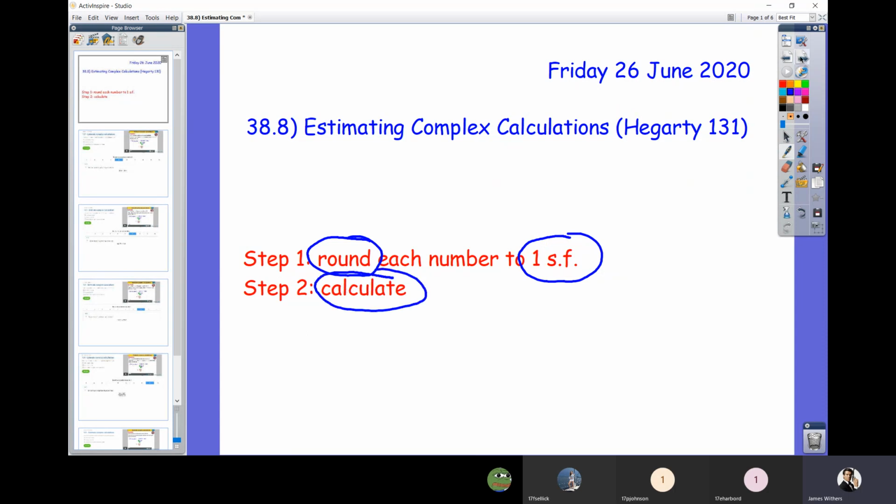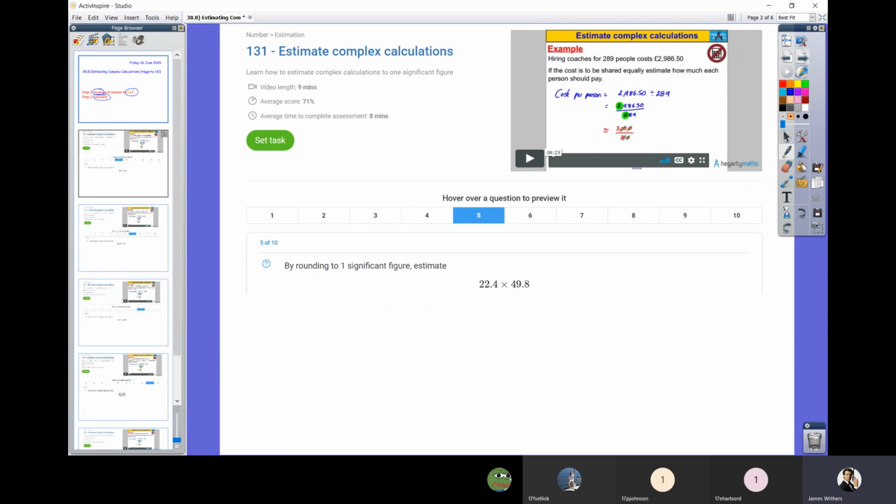So let me just talk you through some examples straight out of your homework, which will be Hegarty 131. It's reminding us each time we're going to round to one significant figure. So 22.4 to one significant figure is 20. And 49.8 to one significant figure is 50. So there's step one. And then step two, to get your final answer, 2 5s are 10.